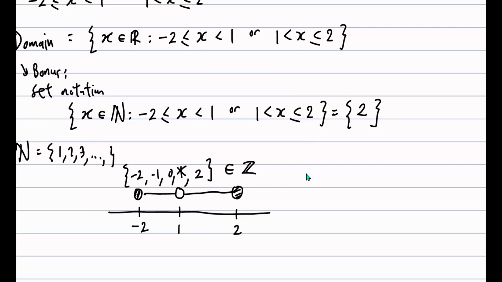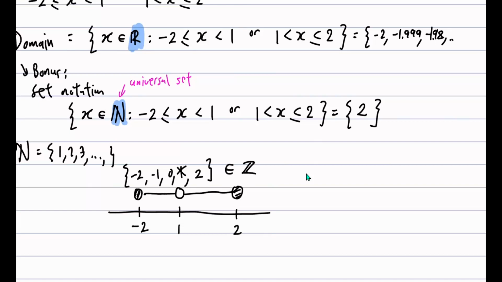Do you see the difference? The moment you change what's known as the universal set, the set changes entirely. This set has many values. It could be -2, it could be -1.9999, it could be -1.98, it could be all the values in between.